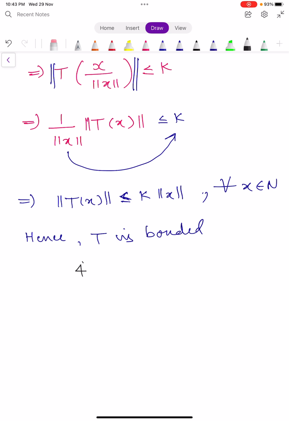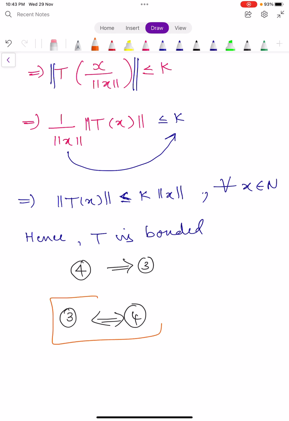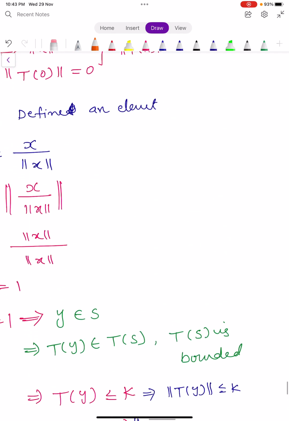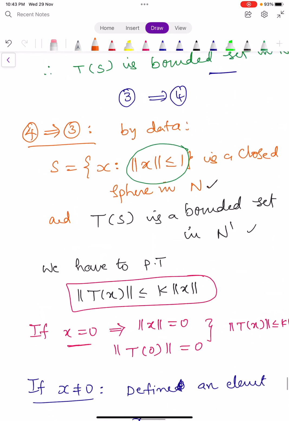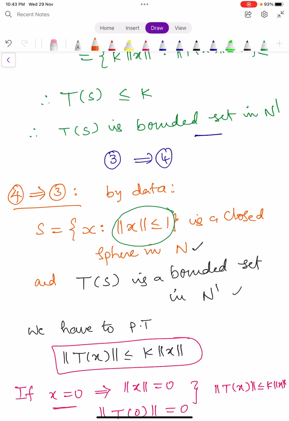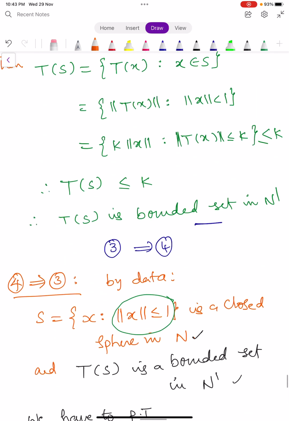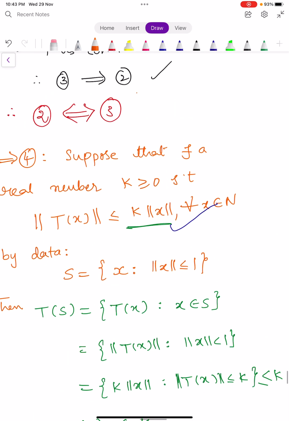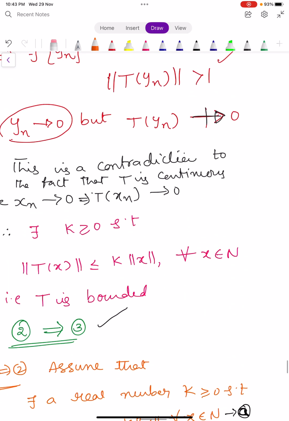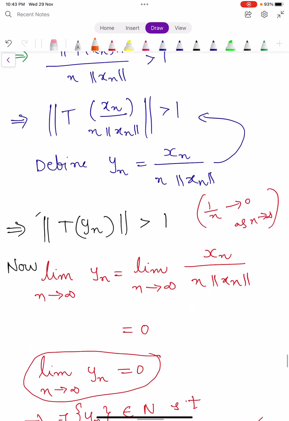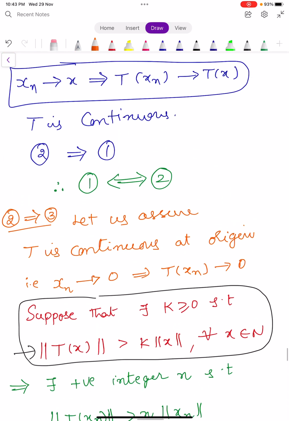This proves condition number 4 implies 3. Hence we prove that 3 implies and is implied by 4. Now see carefully: here we showed 3 is equivalent to 4, 2 is equivalent to 3, and 1 is equivalent to 2.